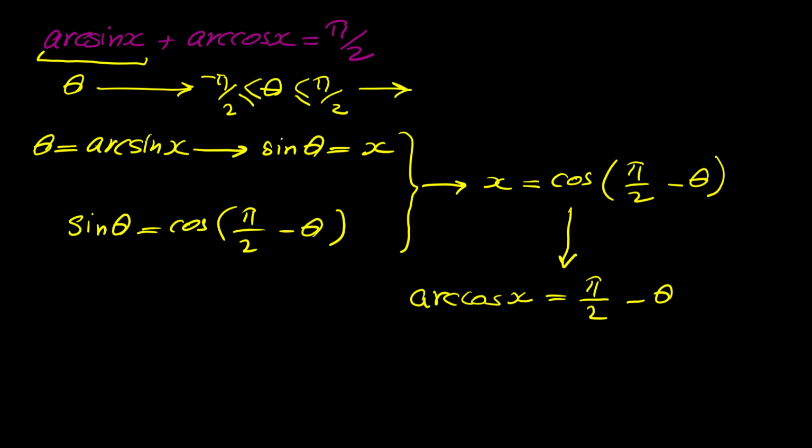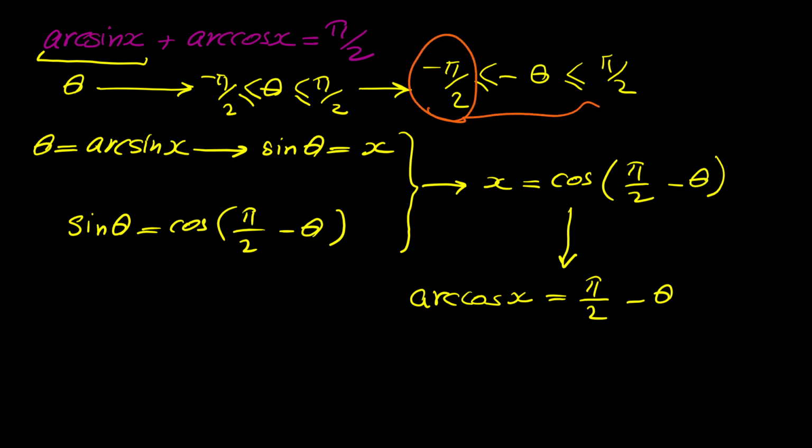If we multiply both sides by a negative, we have this relation: negative theta is between, again, negative pi over 2 and pi over 2. By multiplying both sides by a negative, don't forget you have to flip the signs. Now, if we add pi over 2 to the left side, to the right side, and the middle, what do we get? By adding pi over 2, we have that pi over 2 minus theta is between 0 and pi.